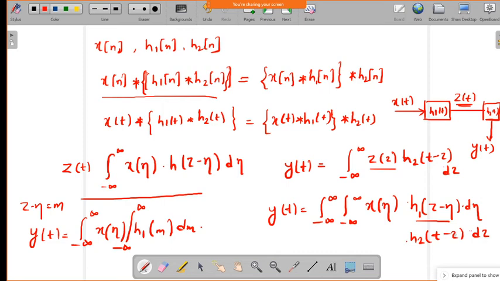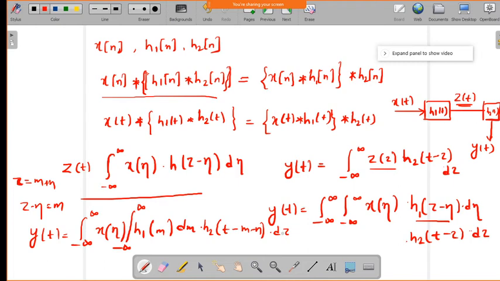Now replace the tau value. So you will get t minus tau, and the tau value you can see here is nothing but m plus n. So the same thing you replace, and you will get h2 of t minus m minus n, into d tau.